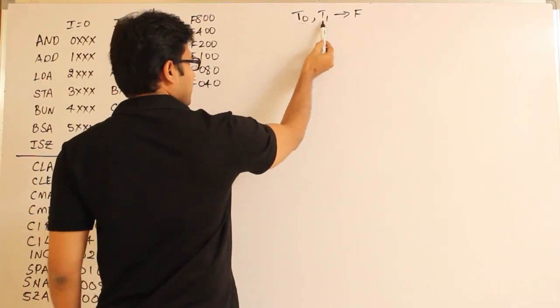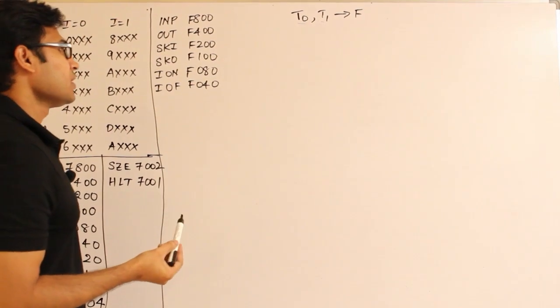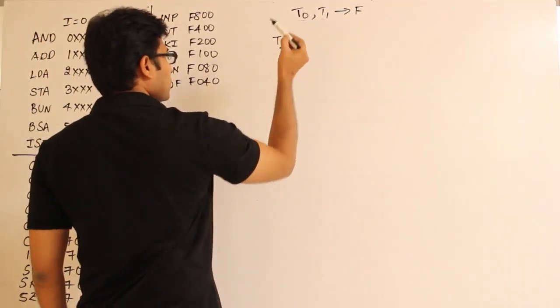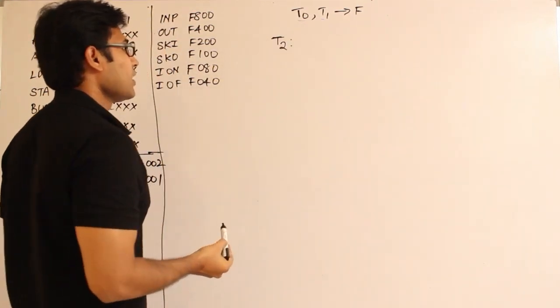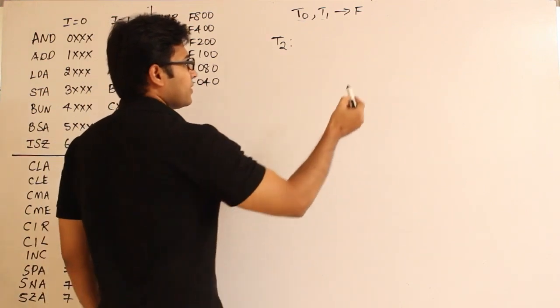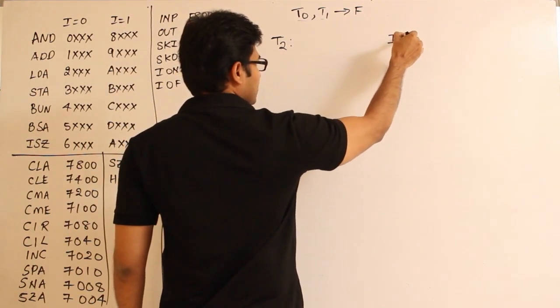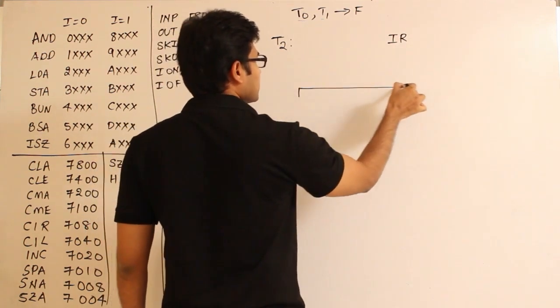Therefore, now an instruction is fetched and the instruction is present in the instruction register, and at T2 we are going to decode it. So how are we going to decode it is, we now know that instruction is present in IR. Got it? Therefore, we go to the instruction register, and you can look at it. It will be like this.